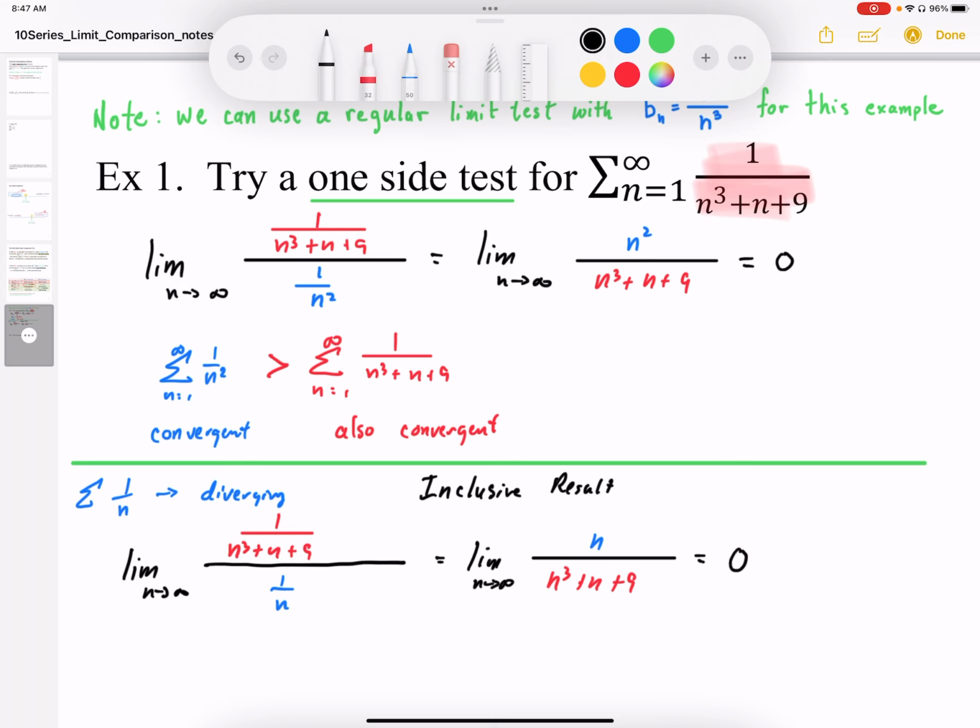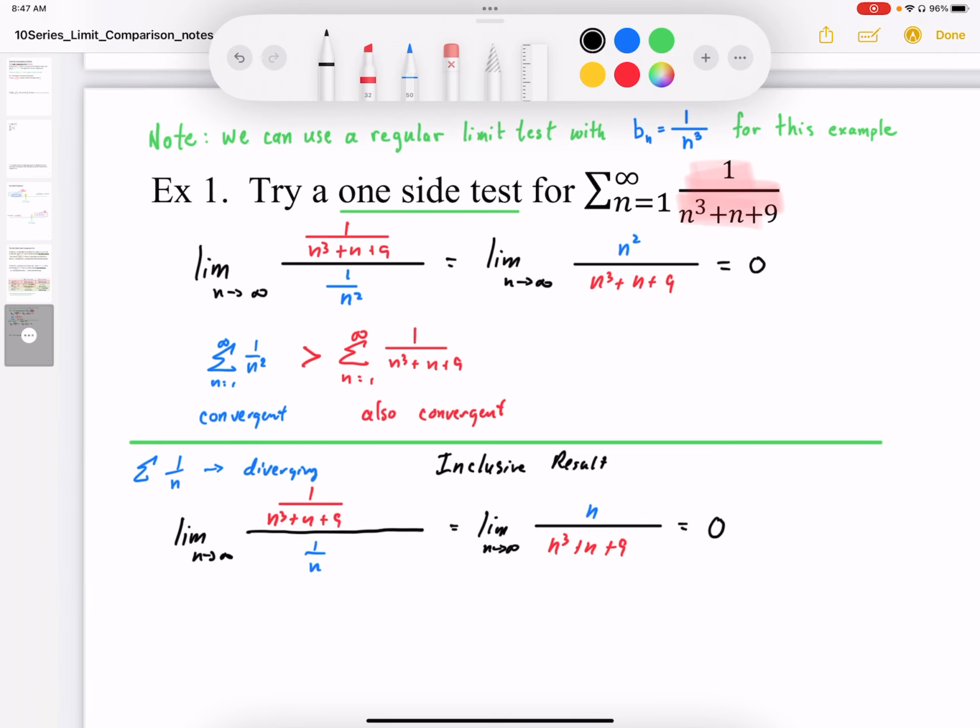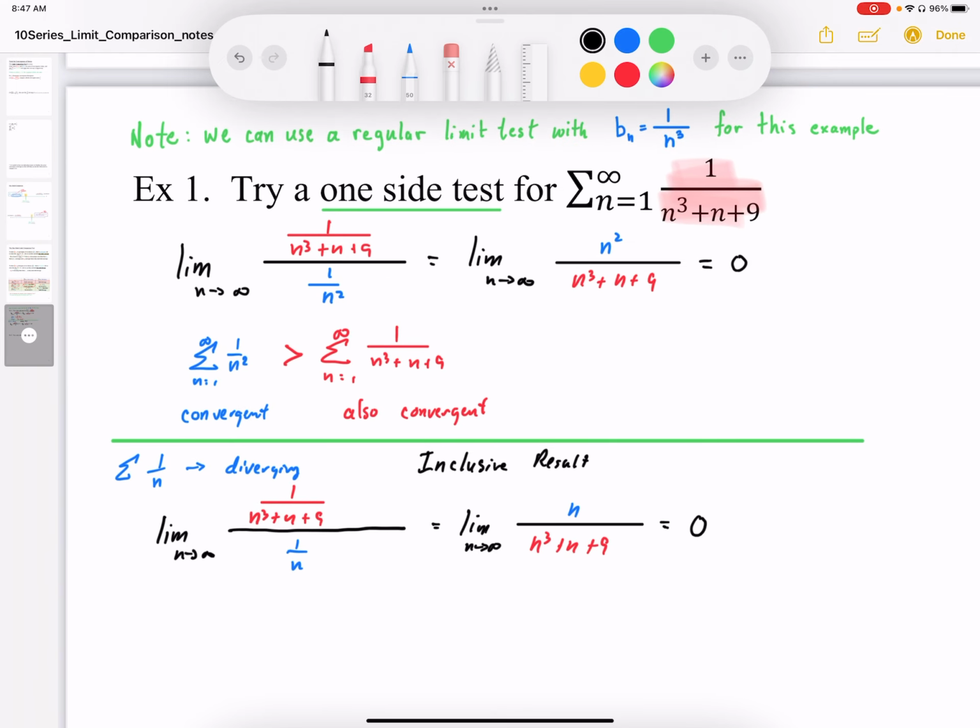So notice that it's the exact same result as we got before. However, the problem is that we can say that this is a diverging series. This is diverging.